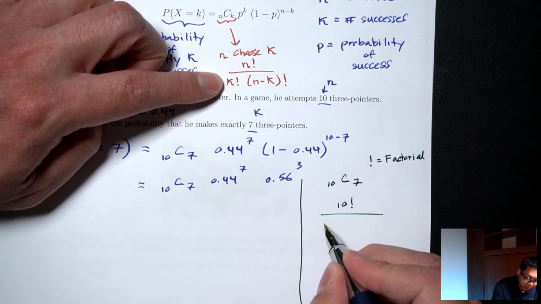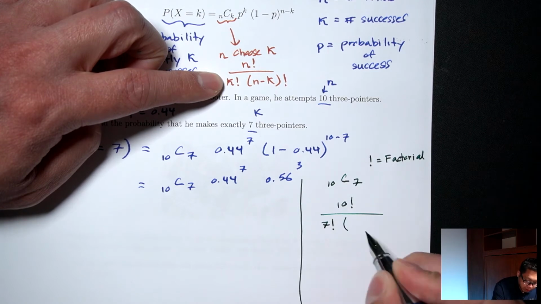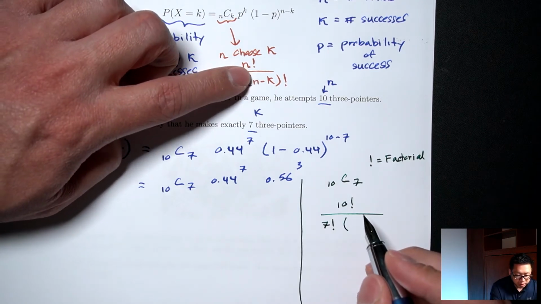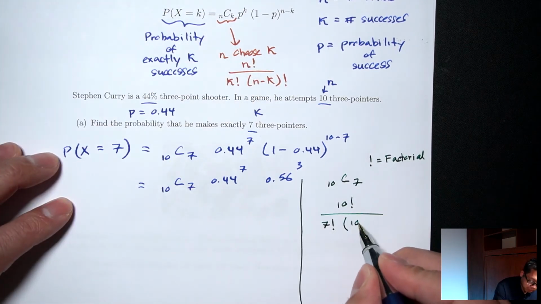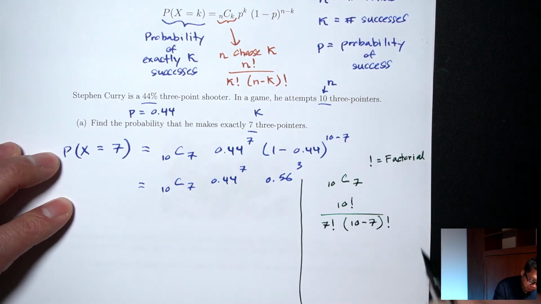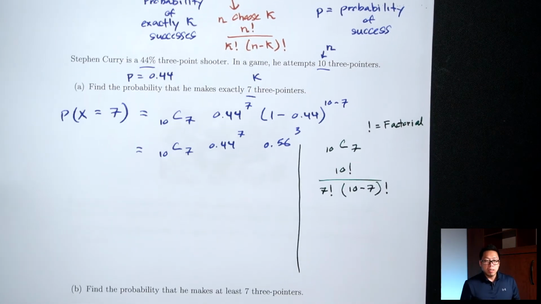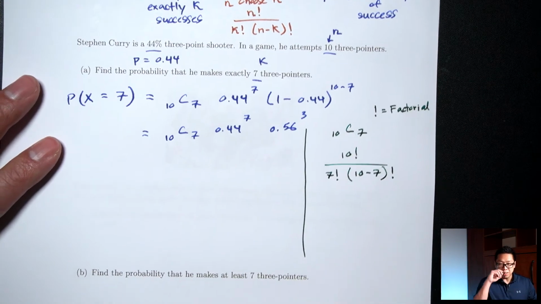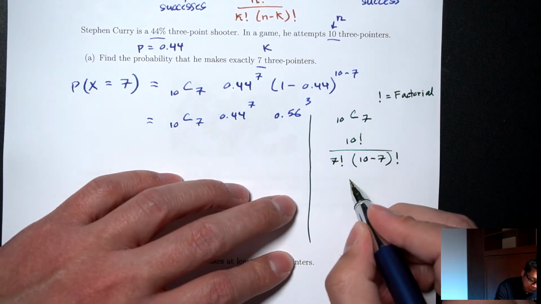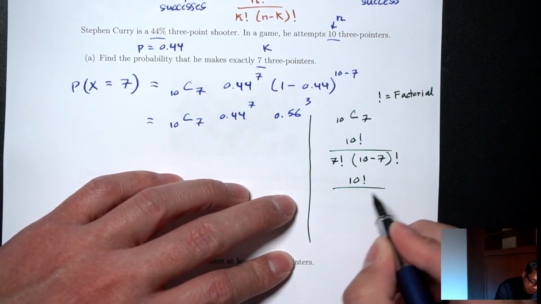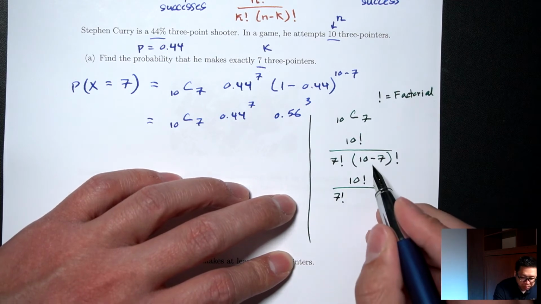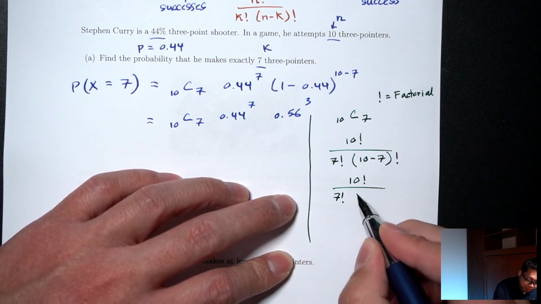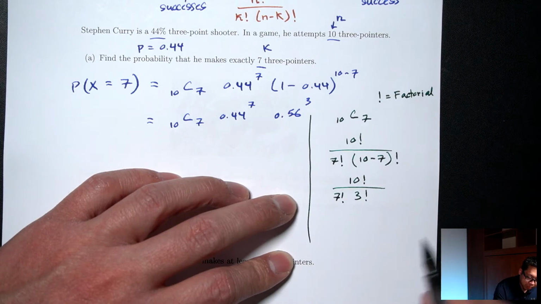That will be 7 factorial. And in parentheses, 10 minus 7 factorial. Let me simplify the 10 minus 7 because that's pretty easy to do right now. So we have 10 factorial on top, 7 factorial, 10 minus 7 we know is 3 factorial.